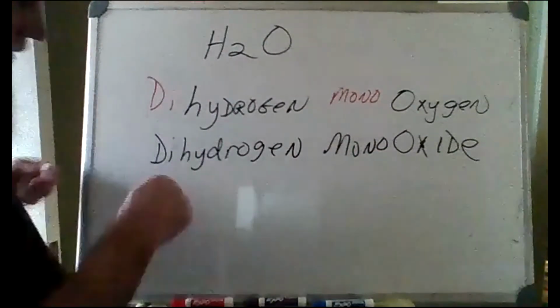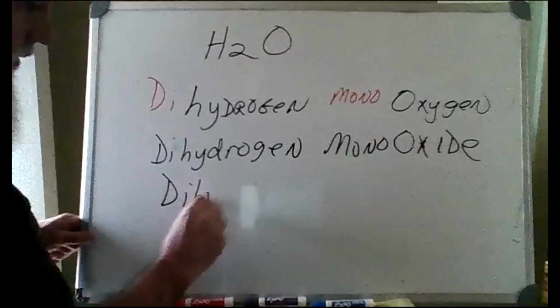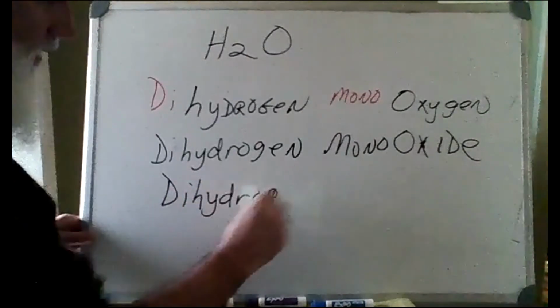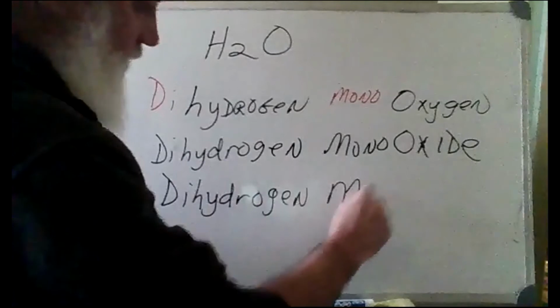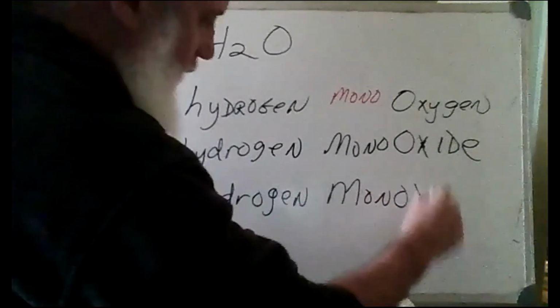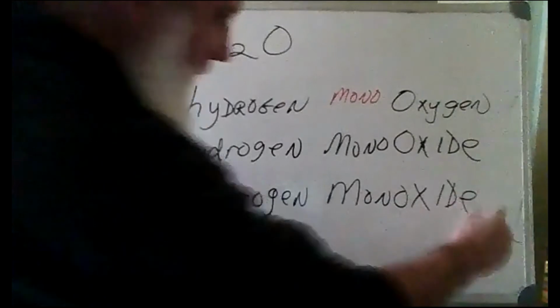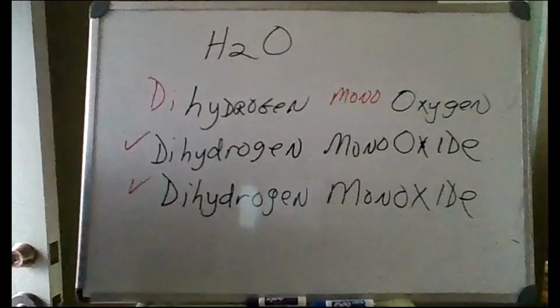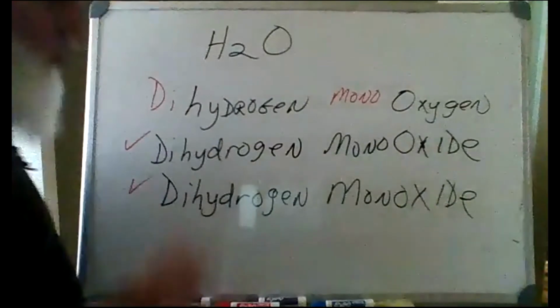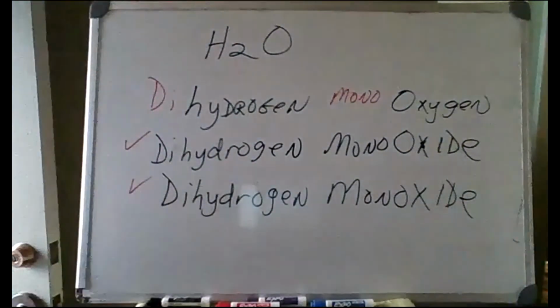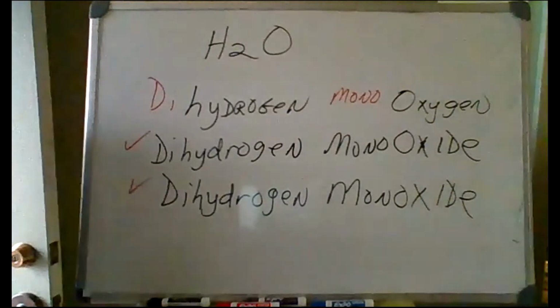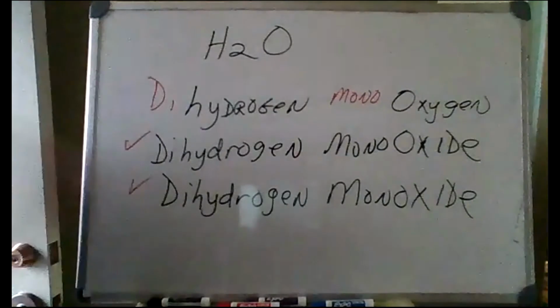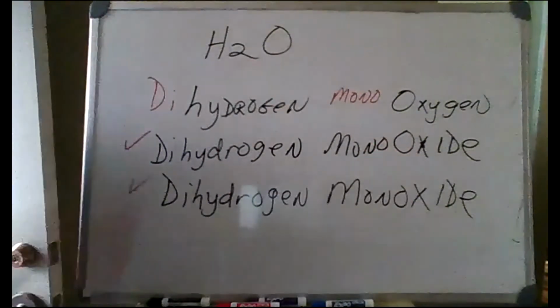So if we wanted to change this to dihydrogen monoxide, which is probably how most people would say it, I will accept either of these 2. Again, if you want to never apply that rule B, I don't have a problem. You'll see in a moment what I'm getting at. So this would be the systematic name for water.